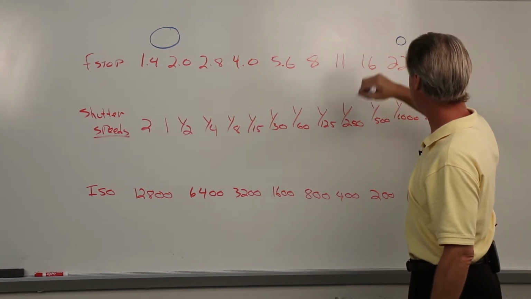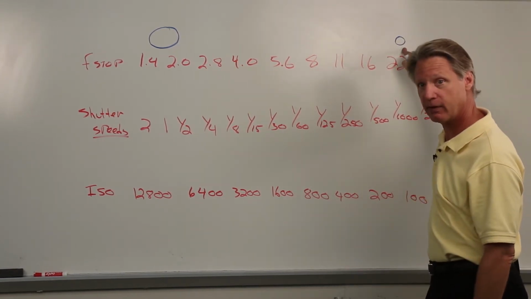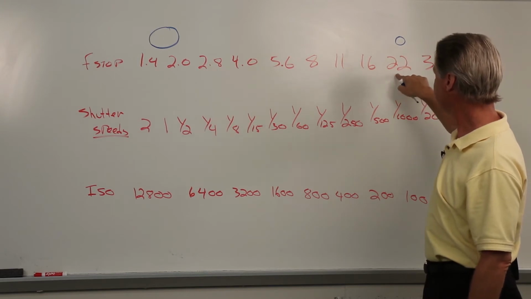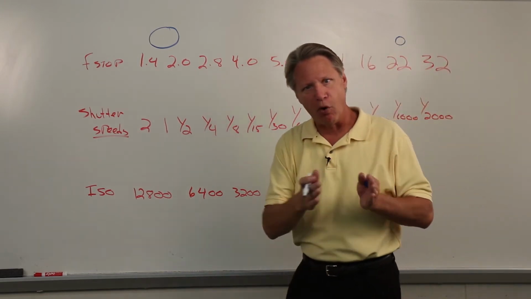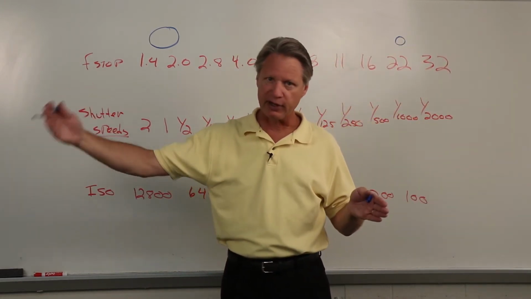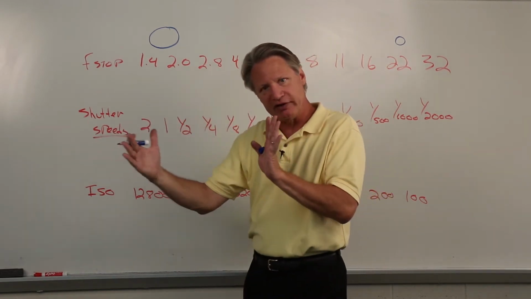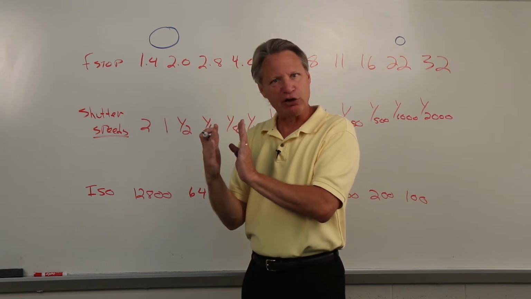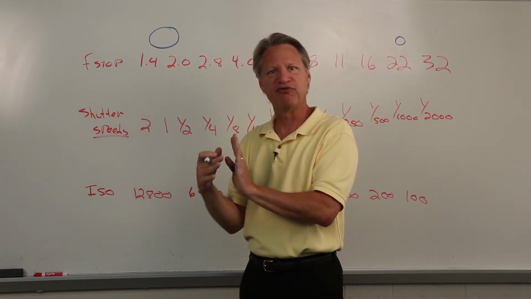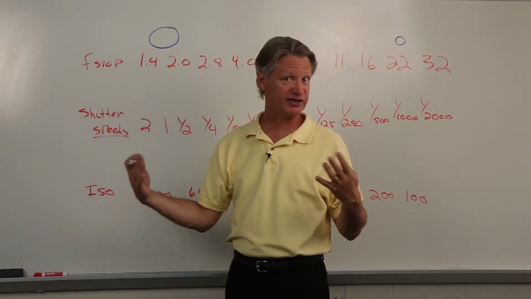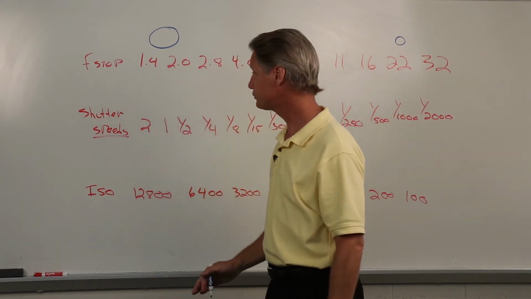That's a very small opening in the lens. So by selecting f22, you will have more of the picture in focus from foreground to background. Selecting an aperture of, say, f2, you will have less depth of field or less of the picture in focus from foreground to background. And it's quite that simple, is what it really does.